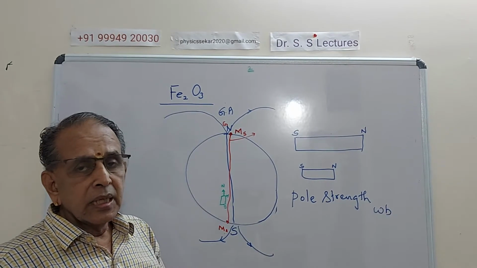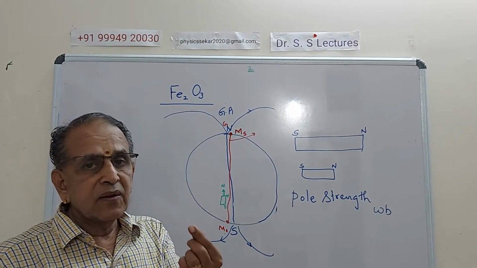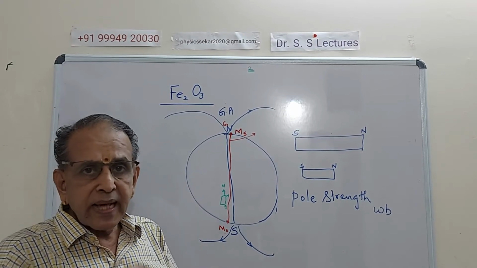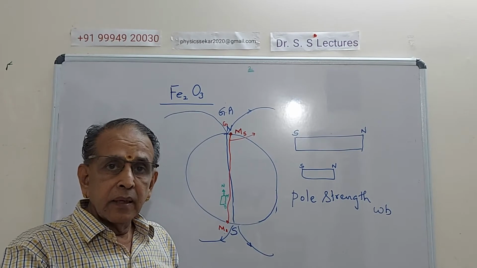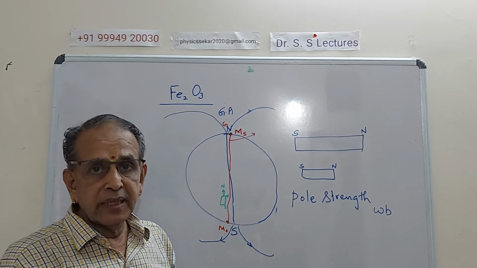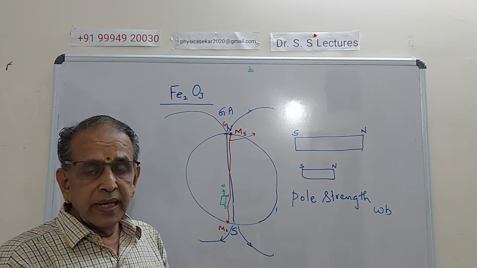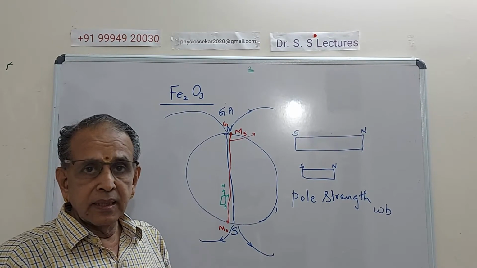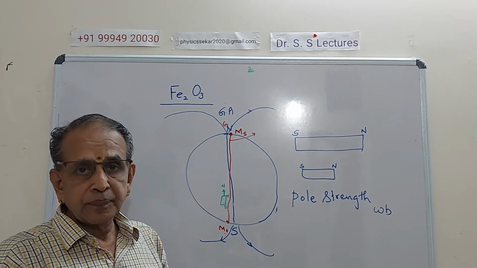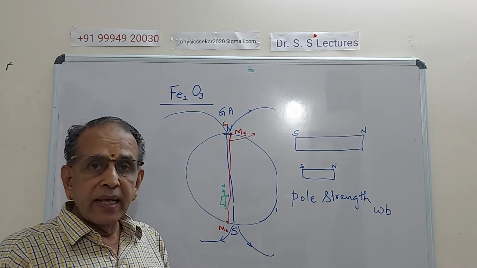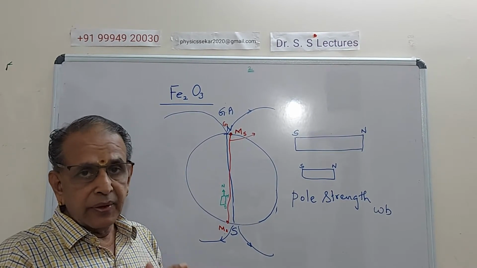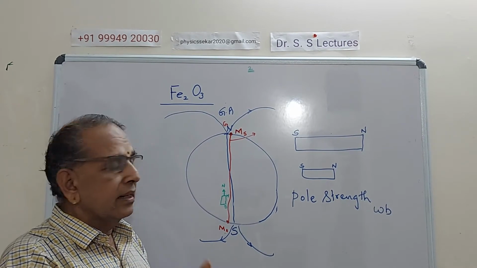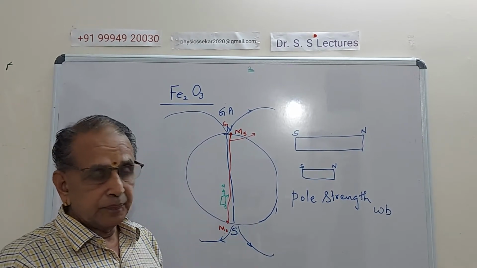Supposing if you take a piece of wire, pass current through it, it also produces a magnetic effect in that coil. Then that is an electromagnet. That also has the north pole, the south pole configuration. We are going to deal in detail in the next aspect.